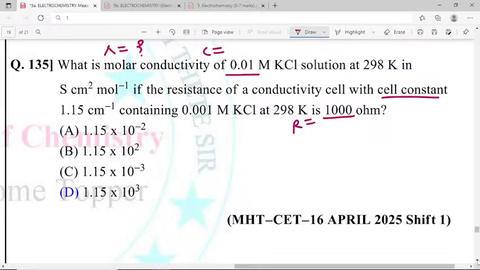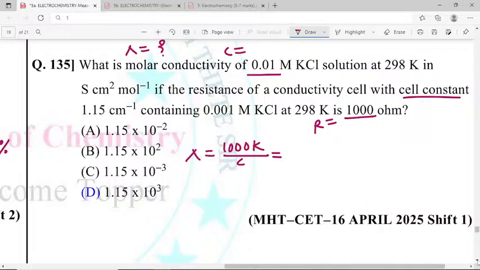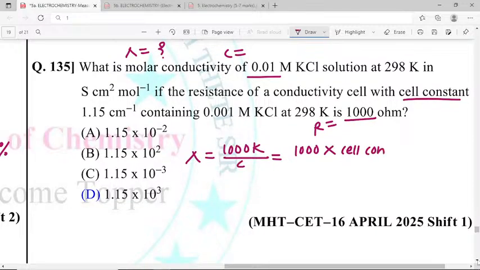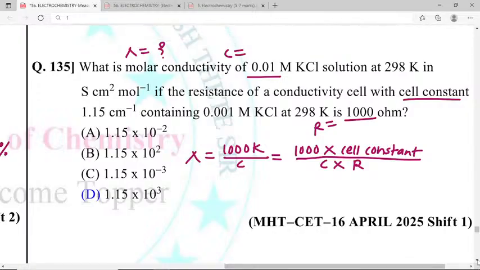Molar conductivity is equal to 1000 K by C. But K is equal to cell constant divided by resistance, so lambda is 1000 multiplied by cell constant divided by C multiplied by R. R stands for resistance. So substitute all the remaining values, we will get the molar conductivity. C is the concentration, R is the resistance, cell constant is given.